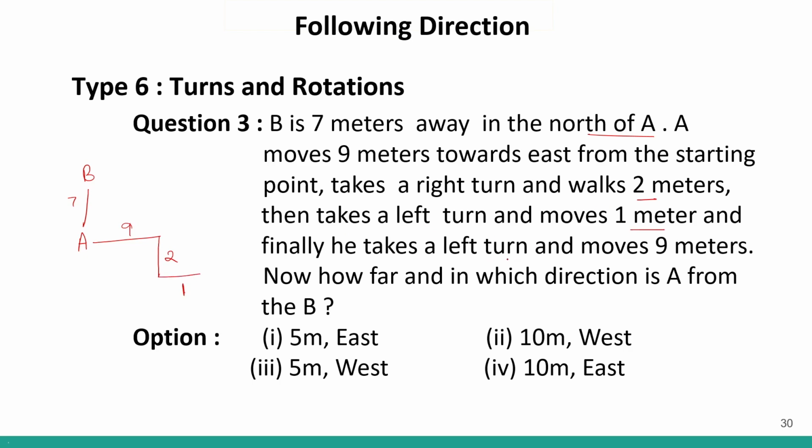And finally he takes a left turn and moves 9 meter. So he'll be here, 7 plus 2, he'll be in line with B. How far and in which direction is A from B? So from B the direction is east, and the distance is 9 plus 1, which is 10 meter. So our answer will be 10 meter towards east, which is option number 4.